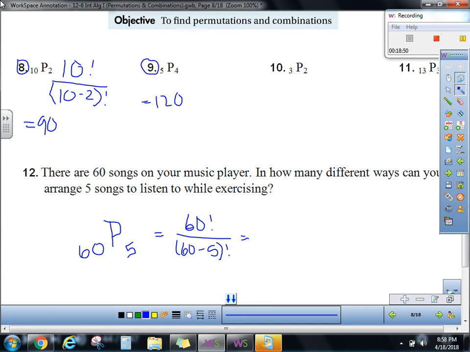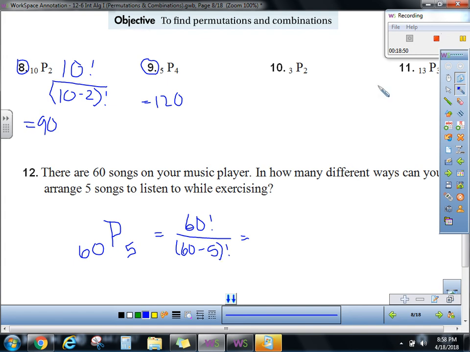You hit your division button. And just like you see it on your screen here, you're going to type that in parentheses, or we know 60 minus 5 is 55. So you're going to do 55 and back to the PRB button to hit the factorial again. And we can see what that number is on our screen, okay?